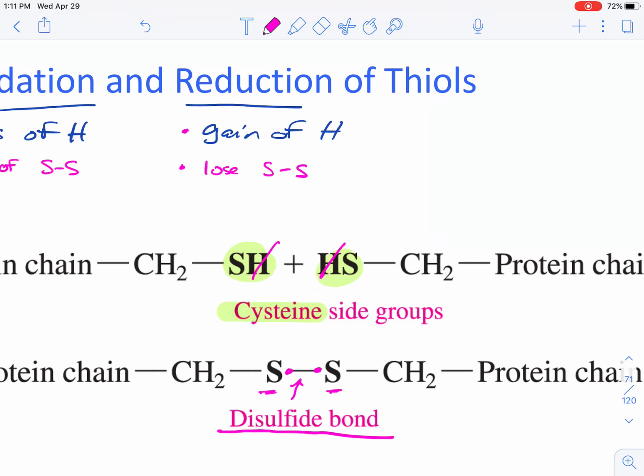However, there's only one way to form a permanent bond between two amino acids through their R groups, which is in this case a sulfhydryl group, and that's cysteine.